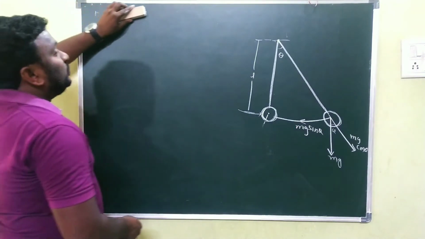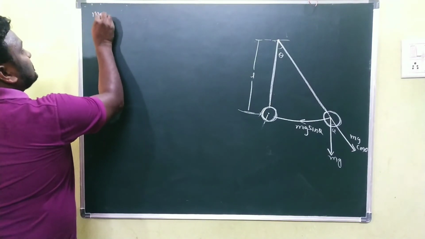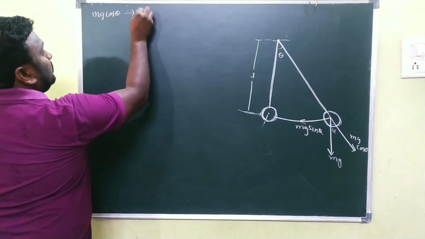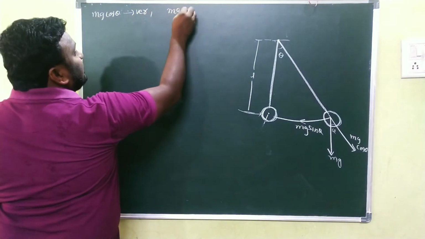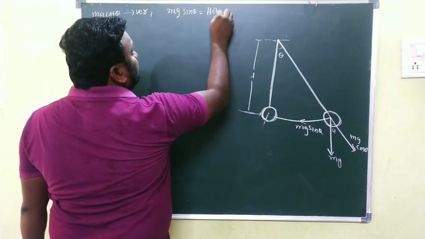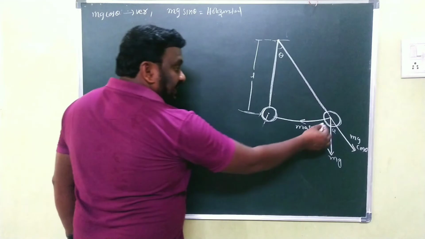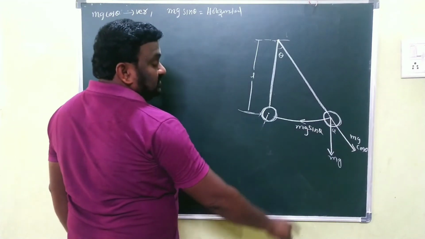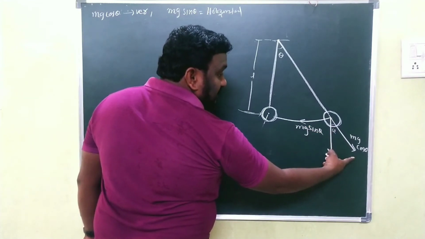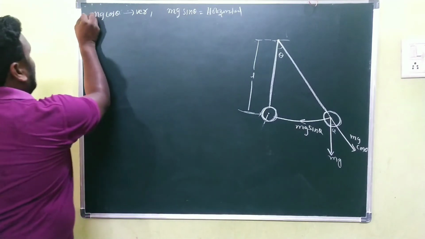So the first thing is that the weight is divided into two components. Mg cos theta is the vertical component, and mg sin theta is the horizontal component. Clear? So that is the first thing you have to remember.